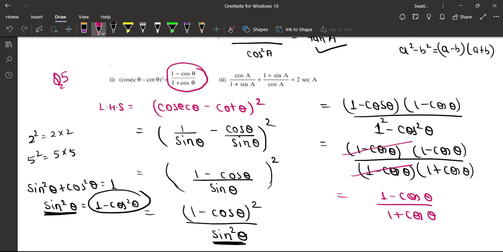Right? And if you notice, this is our RHS. Hence proved. The best part is to write proved with the double lines. Understood? You can take a picture of this. This was your question number 5-1, so you can take a screenshot.